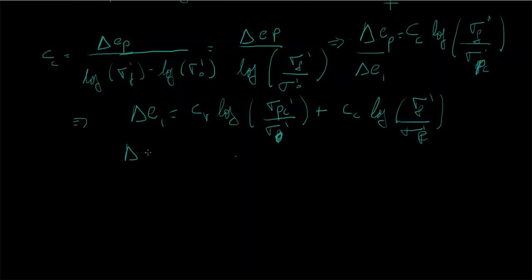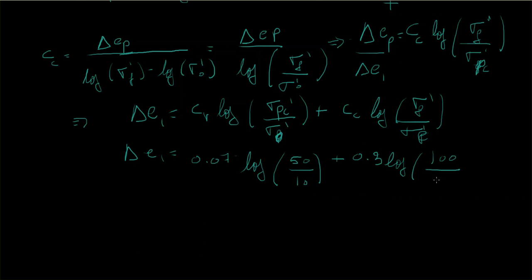So 0.07 log of sigma PC 50 over sigma dash naught 10, plus CC, which is 0.3 log of sigma final 100 over sigma PC 50. Therefore delta E1 is 0.139.